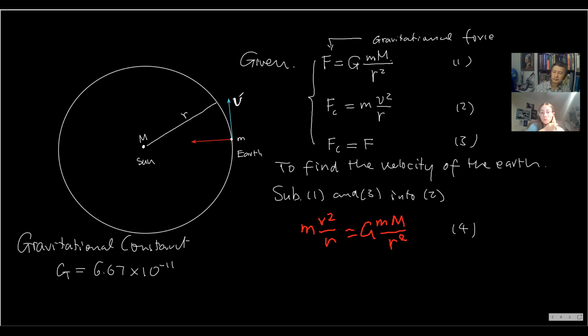If you divide both sides by m, just the mass of Earth will disappear. Do you agree? If you divide by the mass of Earth, you cross this m out at the same time. Can you see? What else can we simplify in this equation?